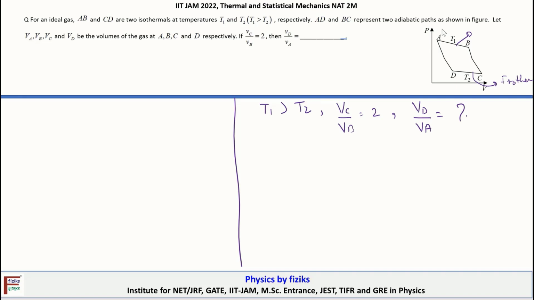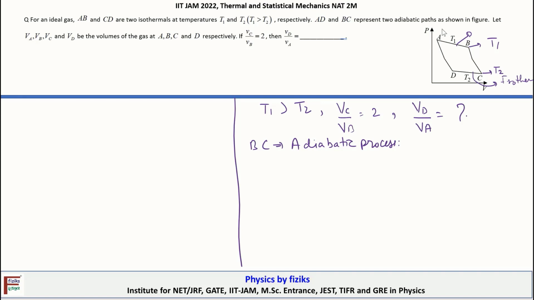So let's try to understand how we can handle this problem. As it's given in the statement, points B and C are connected by an adiabatic process. Note that point B is at temperature T1 and point C is at temperature T2, such that T1 is larger than T2. The volume at point B is VB and the volume at point C is VC.